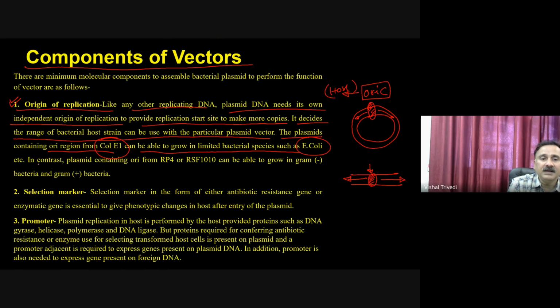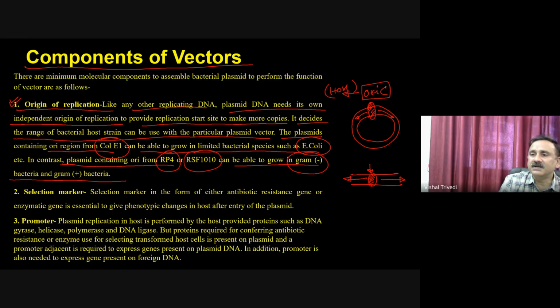In contrast, a plasmid containing the origin of replication from RP4 or RSF1010 can grow in most gram-negative as well as gram-positive bacteria. So the diversity of the origin of replication decides in how many different types of bacterial species or other host strains this particular vector is going to replicate.